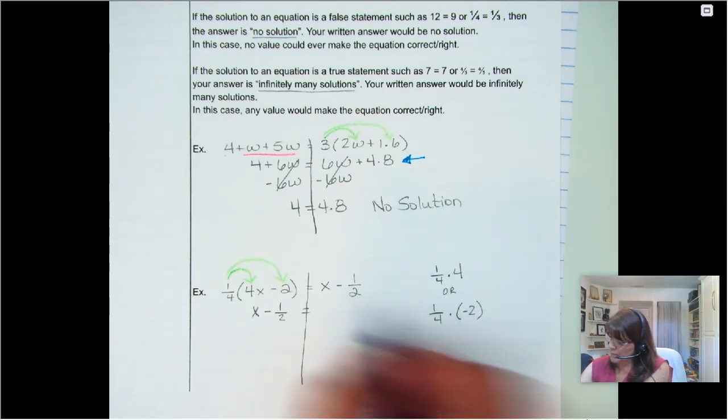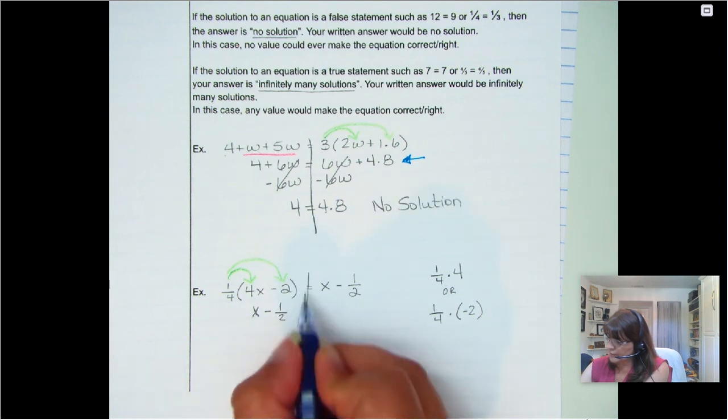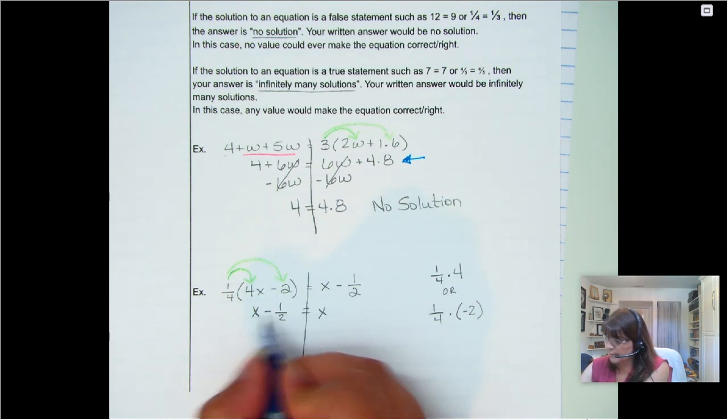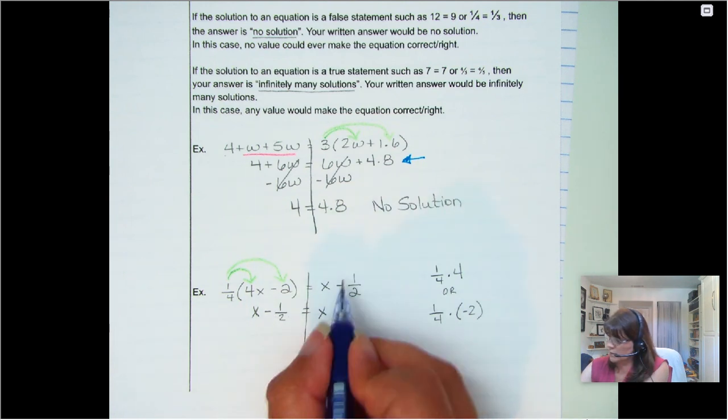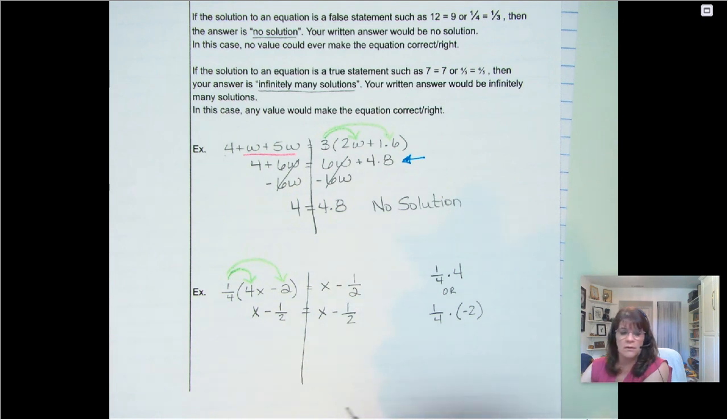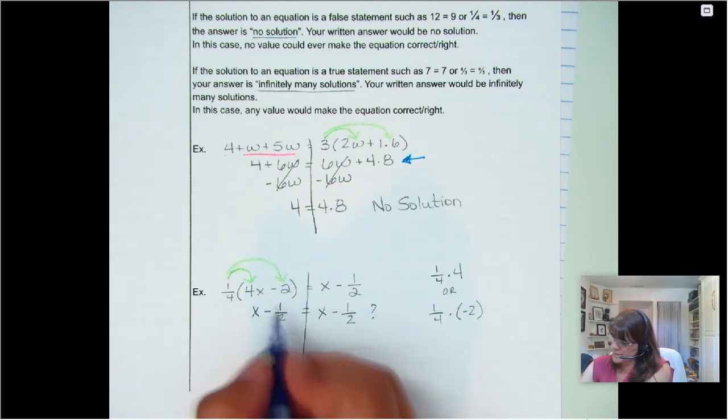Okay? So now I have x equals x minus 1/2. Oops, that is a red flag. So I'm going to put a little question mark there, like, really? Well, let's move this 1/2.